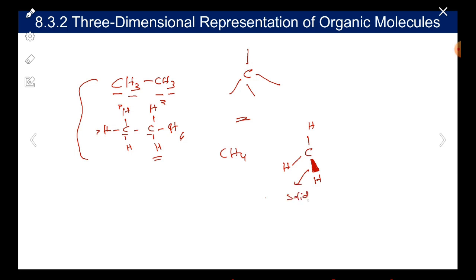This kind of representation is called a solid wedge. And there will be one more atom, which is indicated by the dashed wedge. This one is away from you, and this one is towards you.